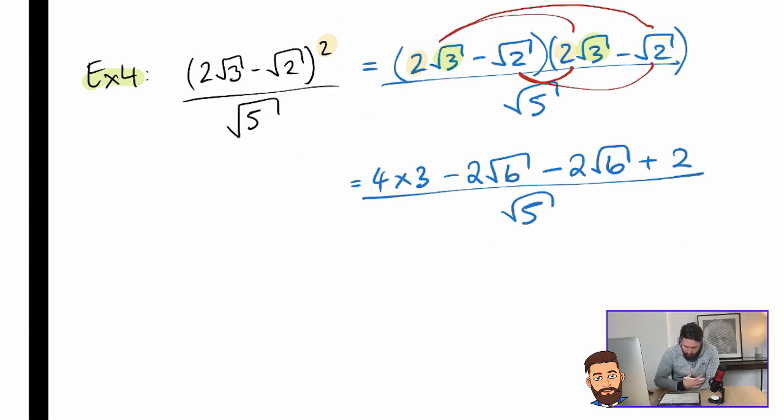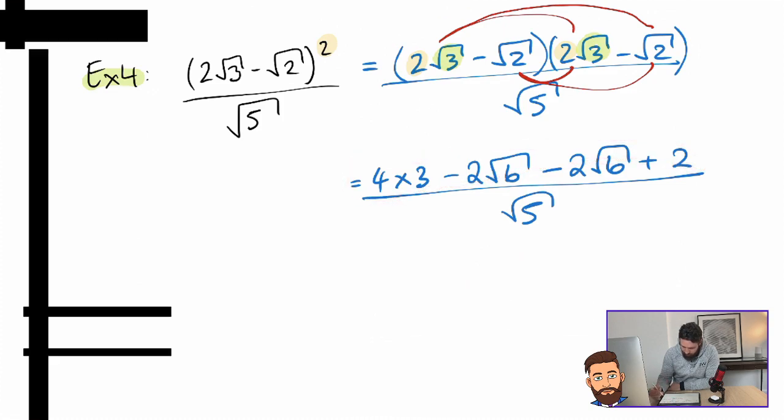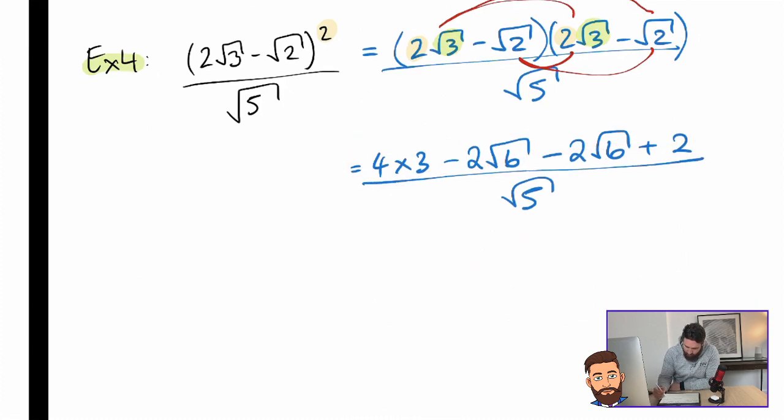So before we do anything now, we should definitely focus on the top and see if we can tidy it up, because it's a bit of a mess right now. We've got a whole number here, once we times it, and a whole number here. Then we've got 2 surds that are the same. And we just looked at, can we add or subtract surds when they are the same? Yes, we can.